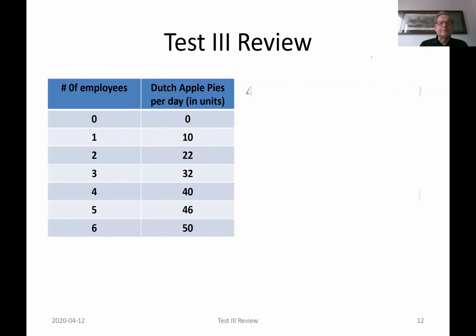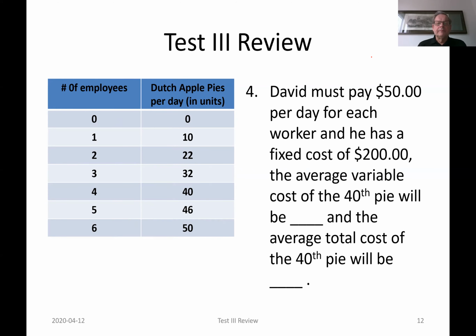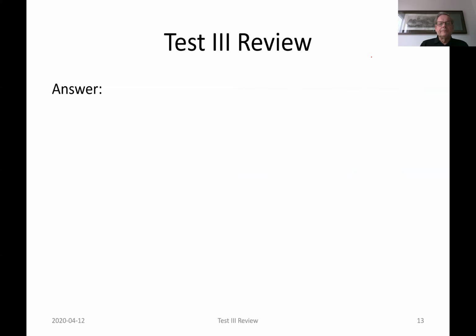Question number 4. So your average variable cost here is equal to your total variable cost divided by quantity.